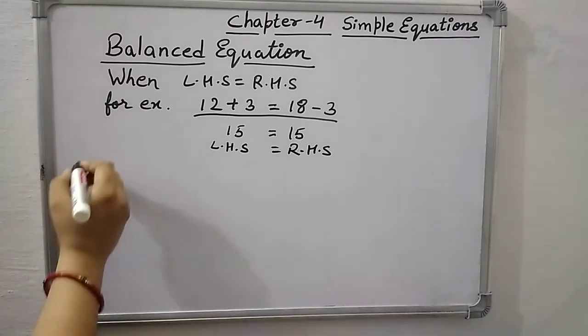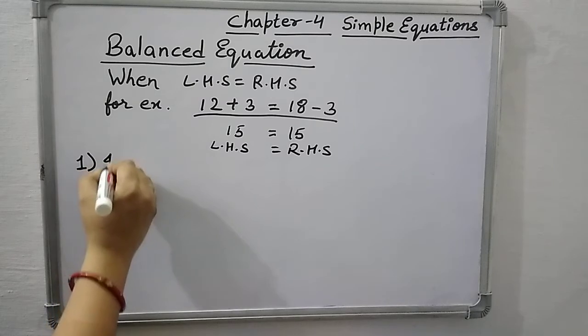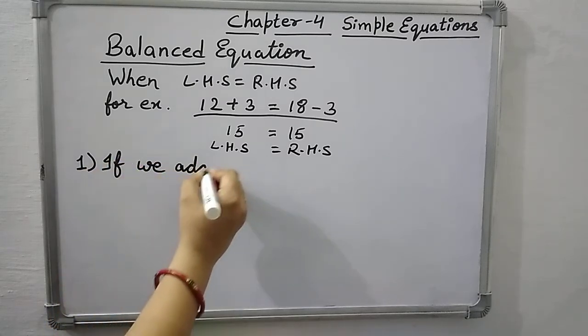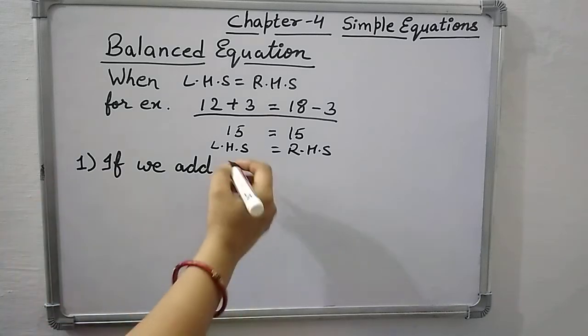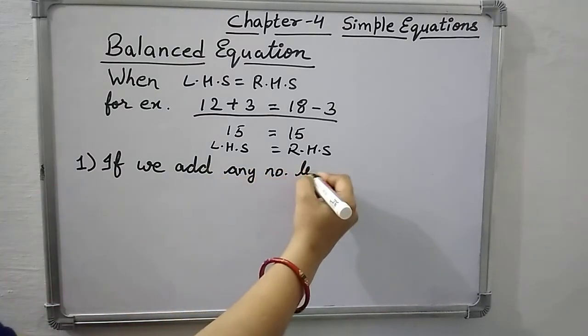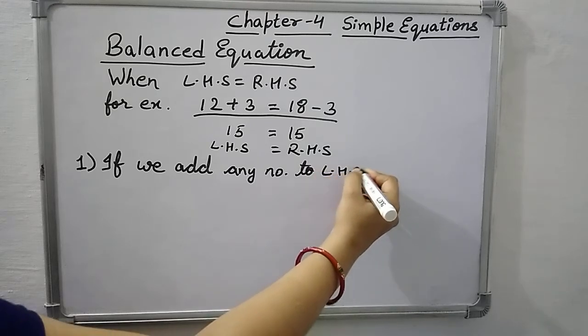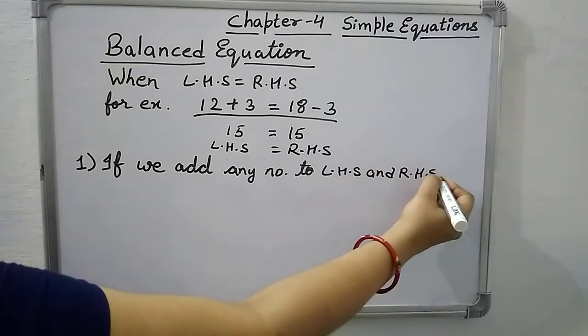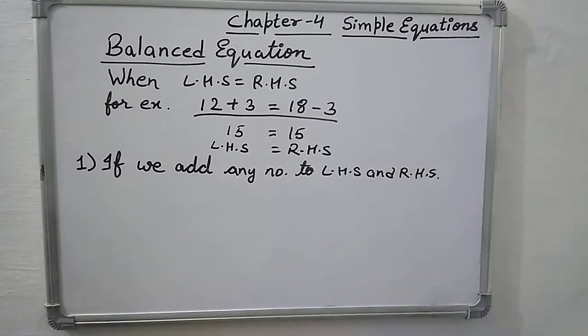Now, if we add any number to LHS and RHS, will the equation remain balanced or not?